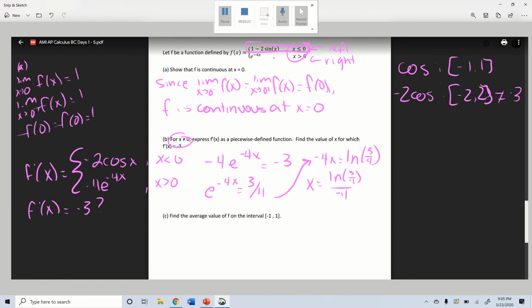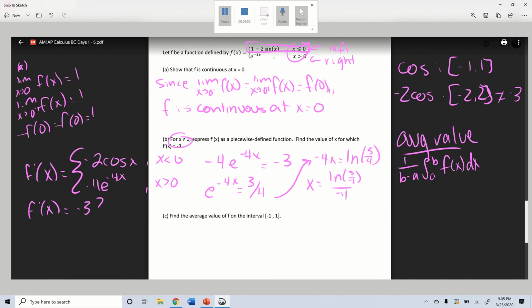Now for part C, we want to find the average value of the function from -1 to 1. Average value in general is 1 over b minus a, integral from a to b of f of x dx. The issue here is we want the average value from -1 to 1, and we have a domain split at 0.